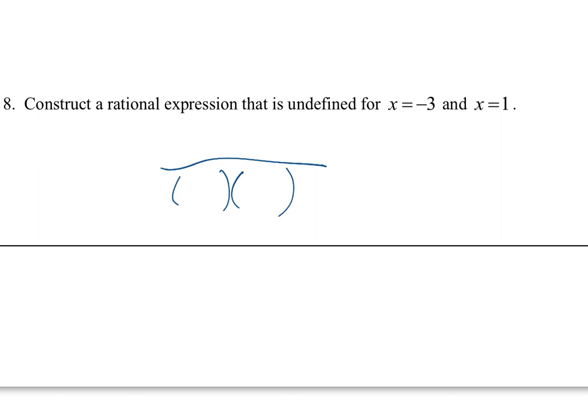If you had x plus 3 in the denominator, then -3 plus 3 would be 0. And then if you had x minus 1, one minus 1 would be 0. And you can just put anything you want on the top. That's a wonky looking 5.